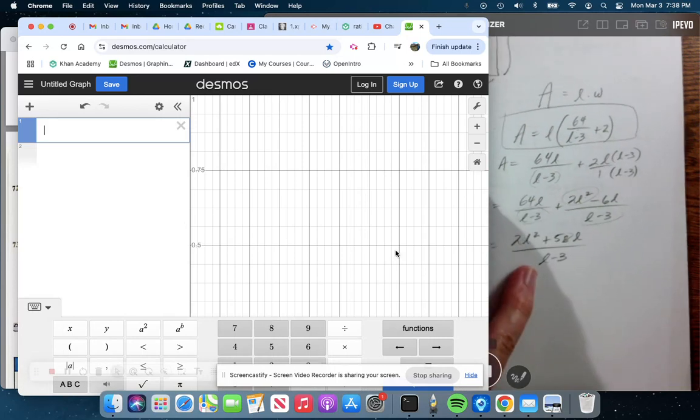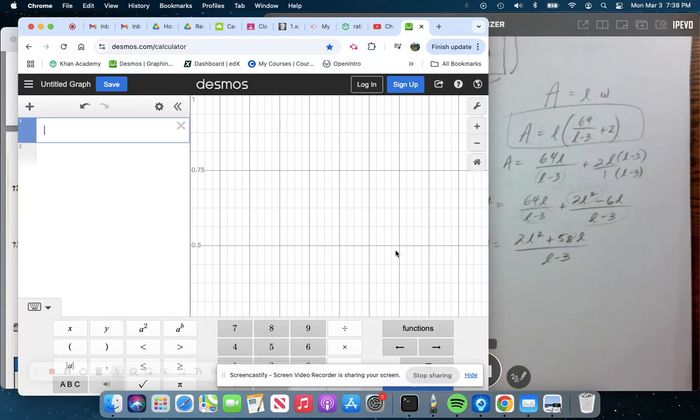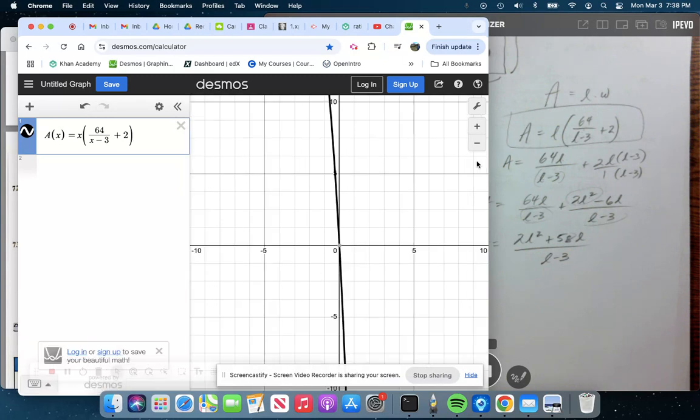I'll just call it A of X. I'm going to use X instead of L. A of X is equal to X times 64 over X minus 3 plus 2. All right, and then I'll just hit this home button, see what this looks like.